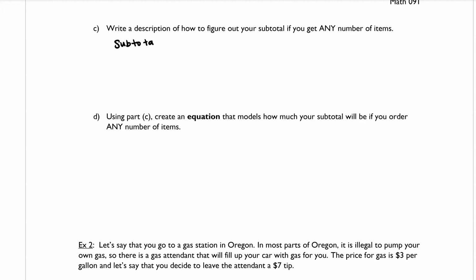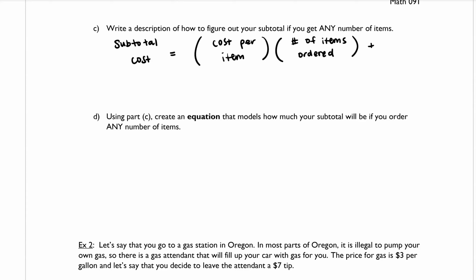So let's write a general way to calculate our subtotal cost. Our subtotal cost is equal to the cost per item, and we would multiply that by the number of items ordered. And then, unfortunately, we have to add on that pesky seating fee.